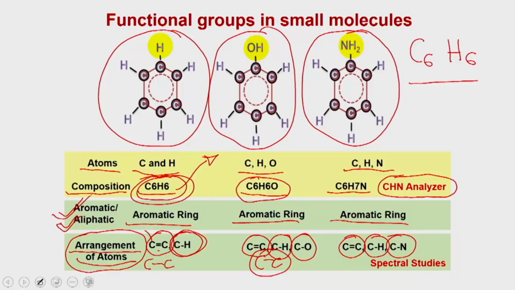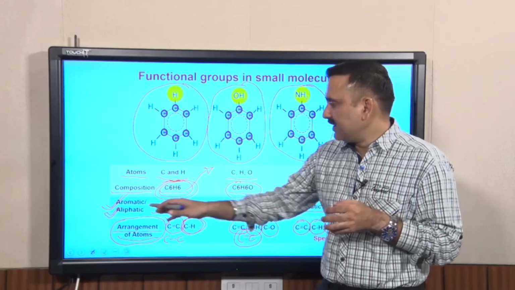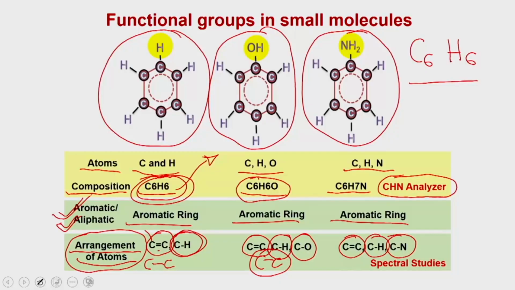Then if it gives you the reaction for an aromatic compound, this means you are on the right track, because the CHN analysis already says that it is C6H6, which means it could be a benzene molecule. But once you get the second characterization, that is whether the compound is aromatic or aliphatic, it will say that okay, this is benzene.